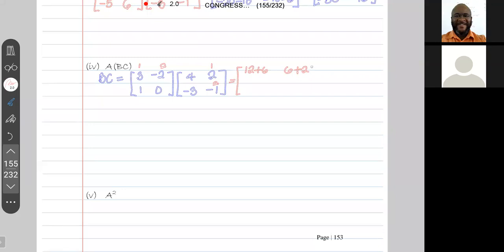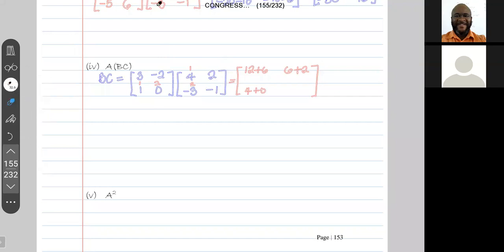Next, we're going to go bottom row, left column. First element in the row times the first element in the column. 1 times 4 is 4. Second element in the row, 0 times the second element in the column, minus 3. 0 times minus 3 is still 0.